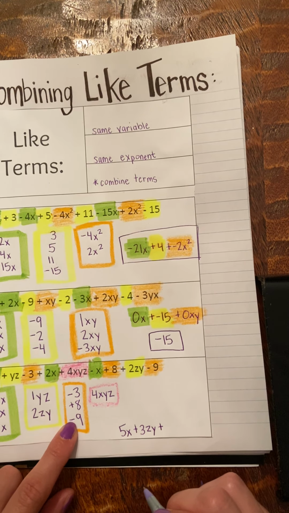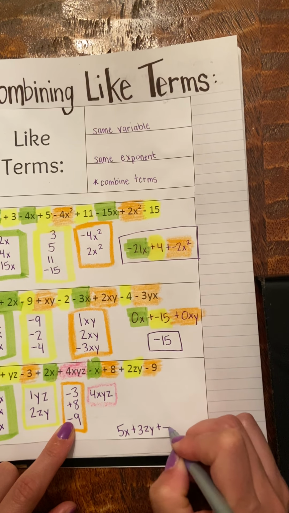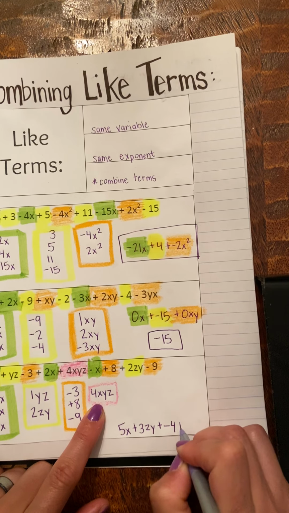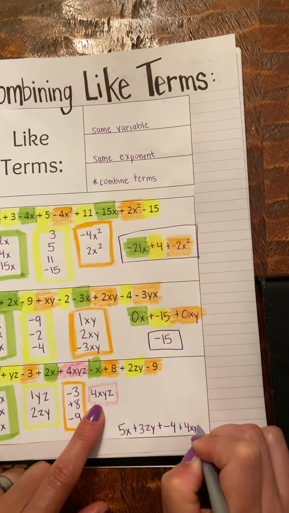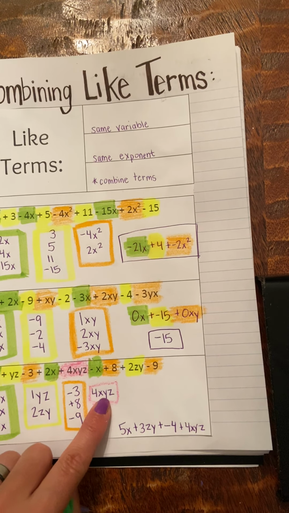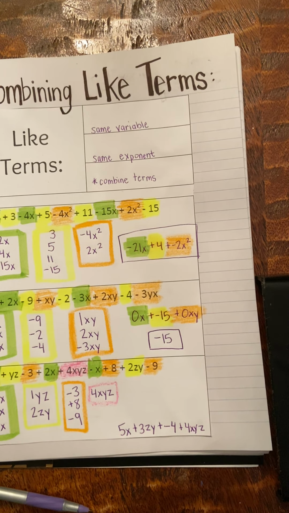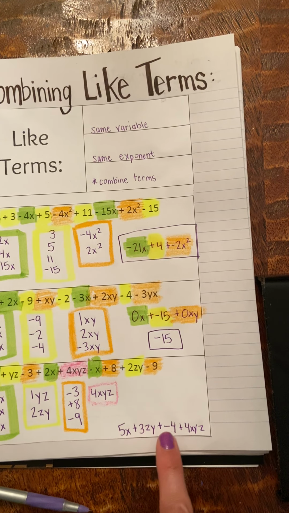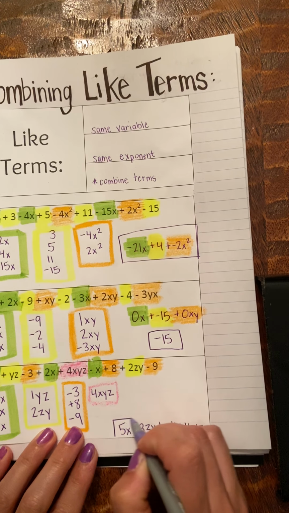Plus a negative 9 is actually a negative 4. And then we have plus 4xyz. Okay, so again, we have 4 colors. 1, 2, 3, 4. So we have to have 4 terms. 1, 2, 3, 4. And that is our answer. Simplified.